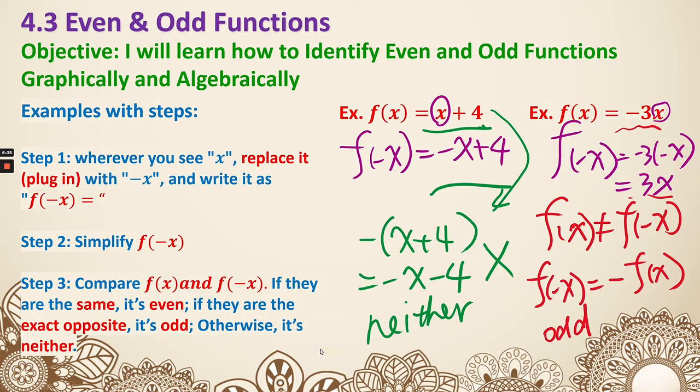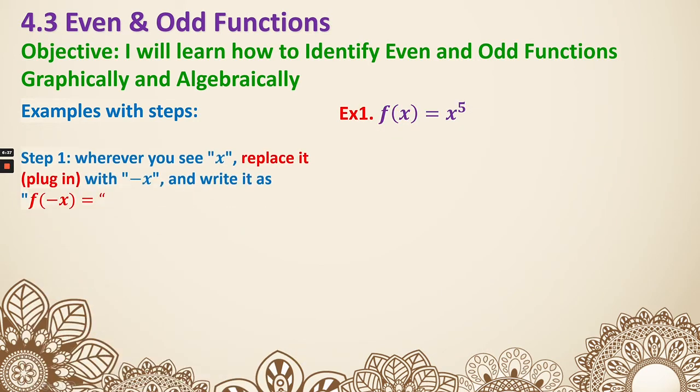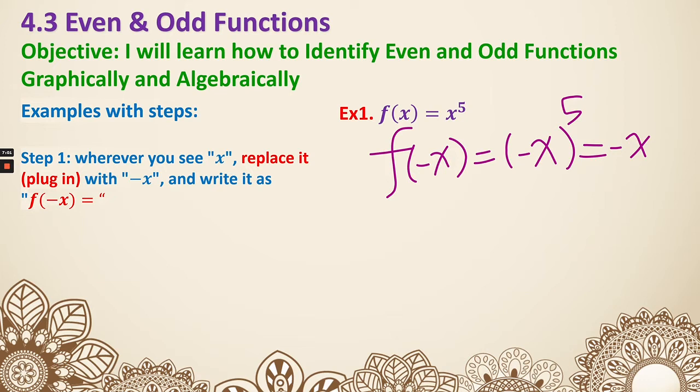Now let's see a few more examples. Example 1. Same thing, replace, so f of negative x is going to be negative x to the 5th power. If we distribute the power, it's going to give us negative x to the 5th power.